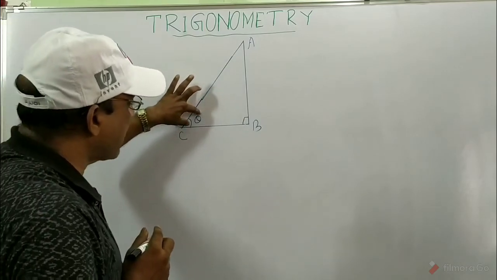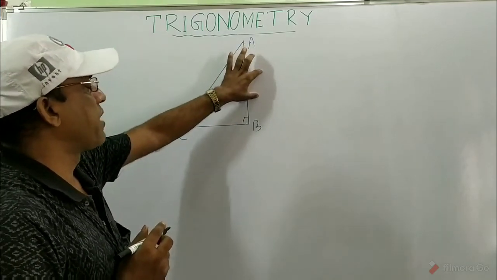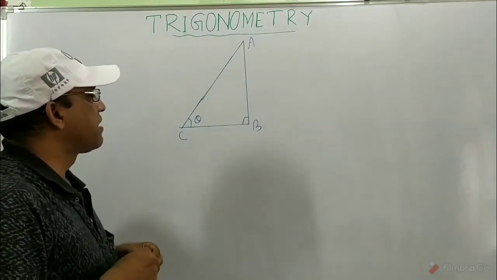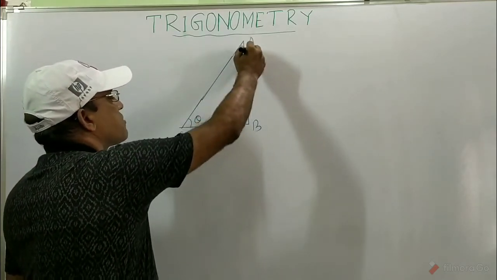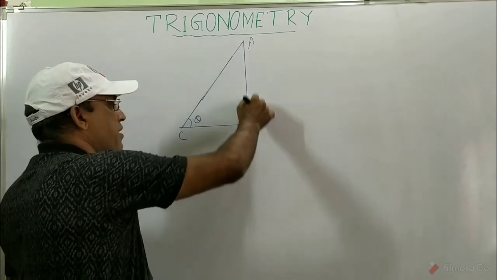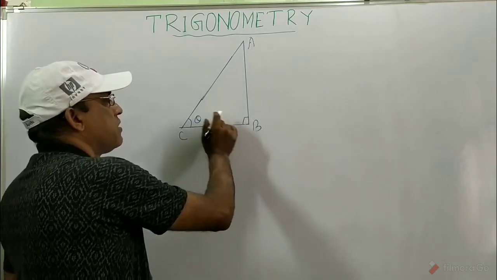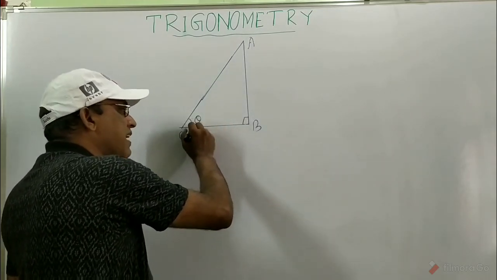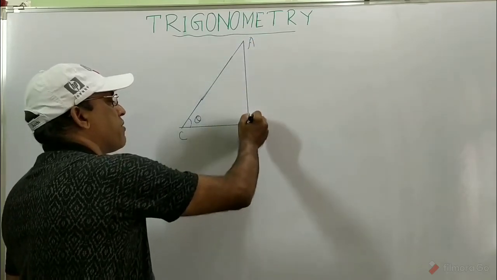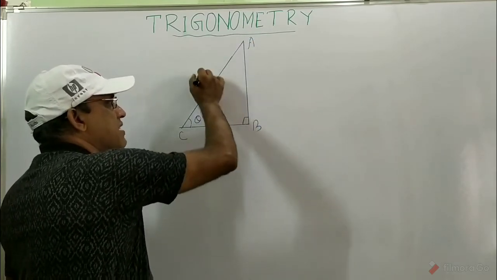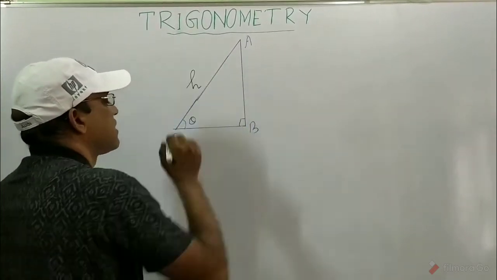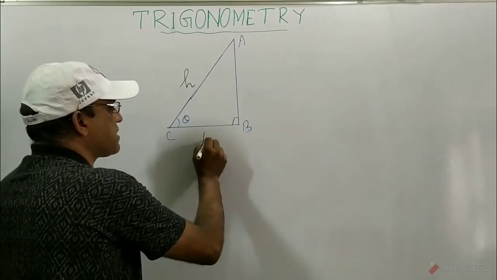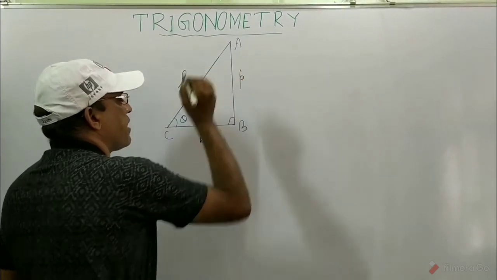If we consider the angle theta, then the side opposite it will be the perpendicular, and the remaining side is the base. So this is the hypotenuse, this is the perpendicular, and this is the base.